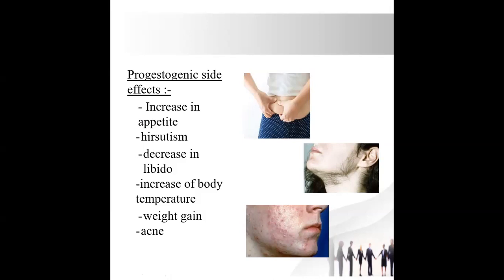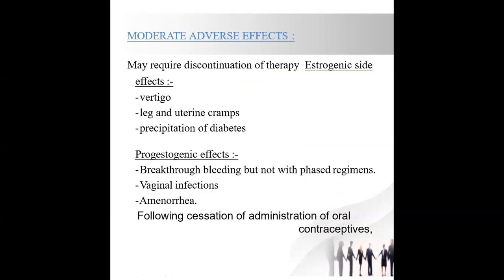Now, when you look into the moderate adverse effects, these may require discontinuation of the therapy, because the moderate adverse drug reactions with combined oral contraceptives are related to estrogenic as well as progestogenic effects. So in estrogenic side effects, they are vertigo, leg and uterine cramps, and precipitation of diabetes.